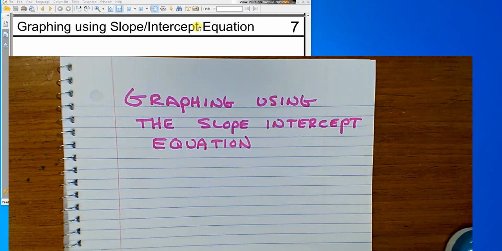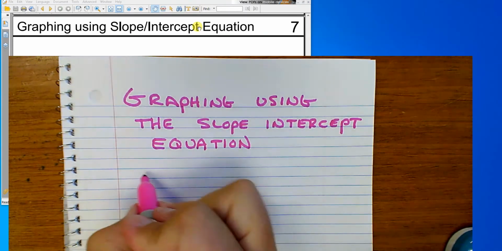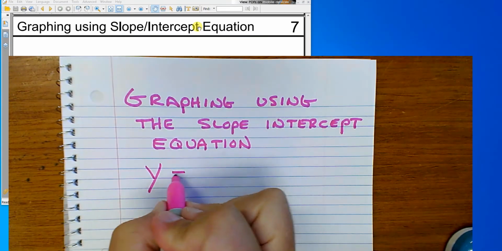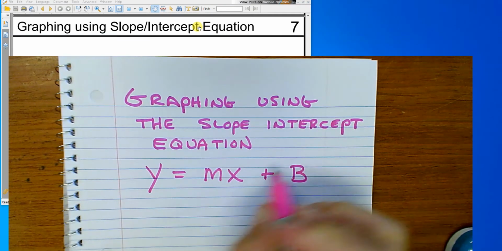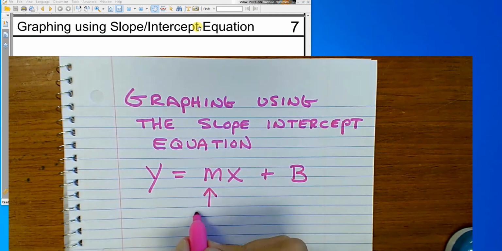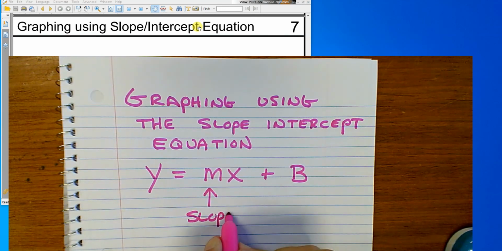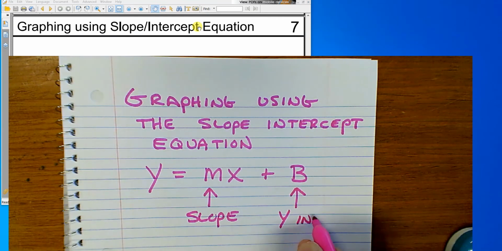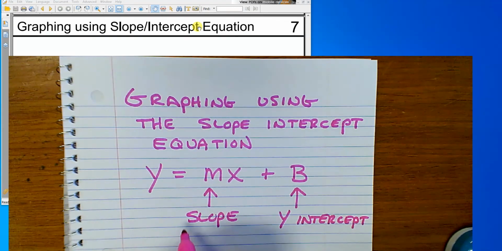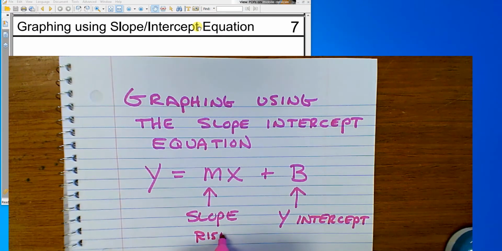And what specifically is the slope-intercept equation? It is right here. It is y equals mx plus b, where m is the slope and b is the y-intercept. Slope is rise over run.